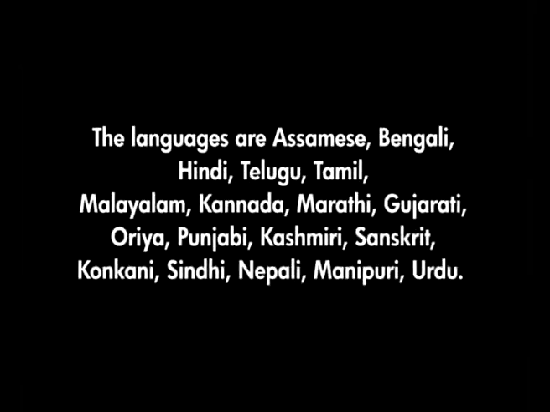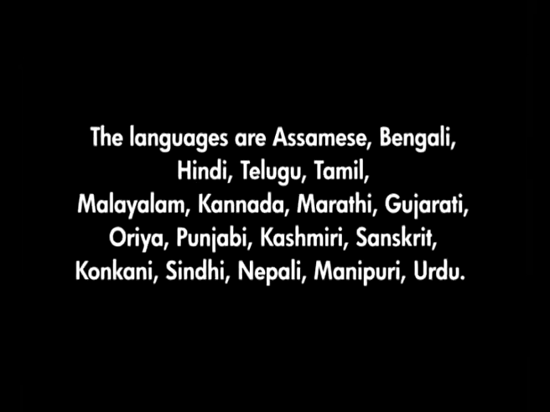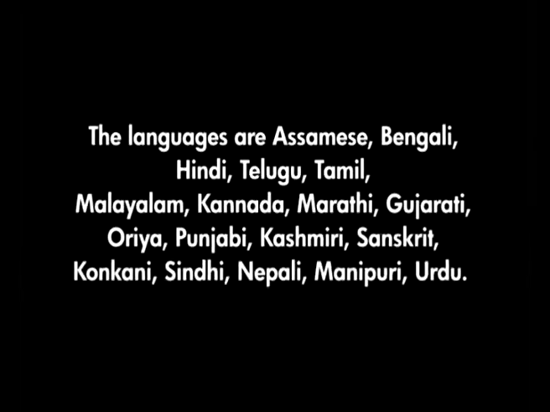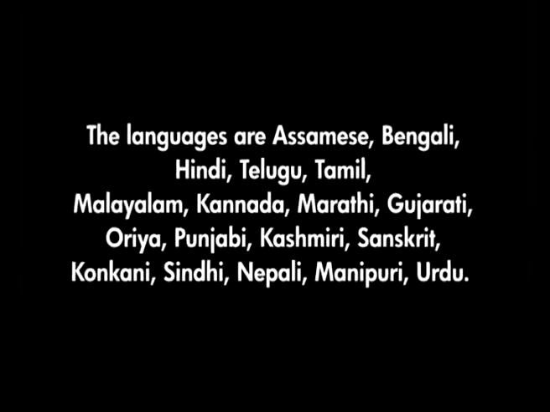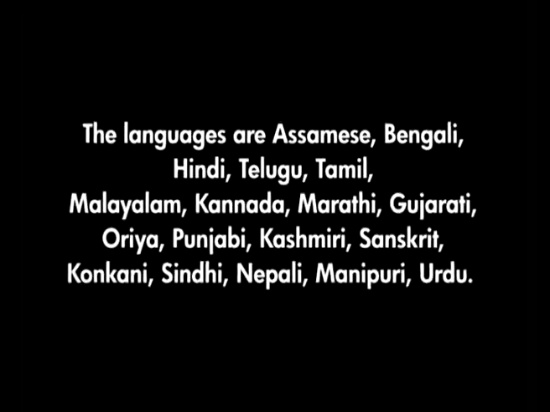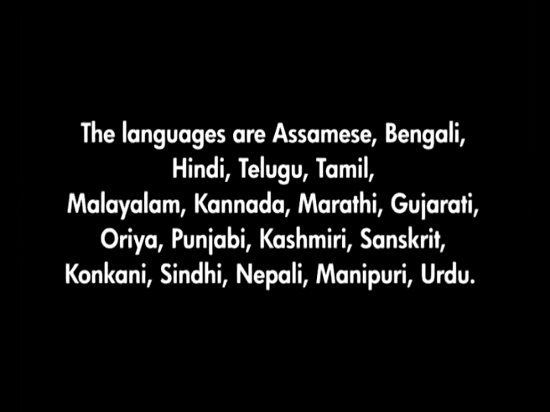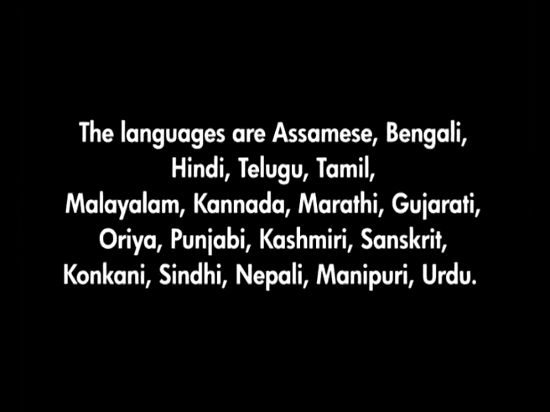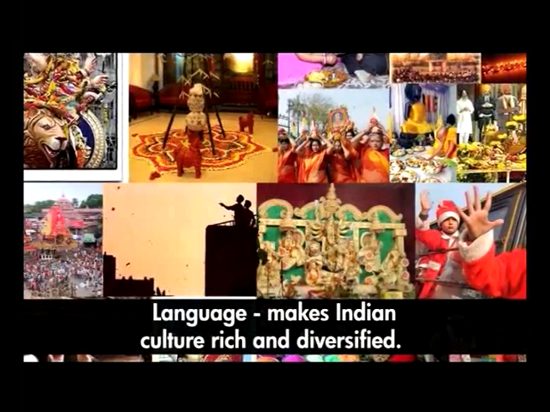These languages are Assamese, Bengali, Hindi, Telugu, Tamil, Malayalam, Kannada, Marathi, Gujarati, Oriya, Punjabi, Kashmiri, Sanskrit, Konkani, Sindhi, Nepali, Manipuri, Urdu. Language is an important constituent of culture, and various languages and their dialects are spoken in different parts of India. It makes Indian culture rich and diversified.